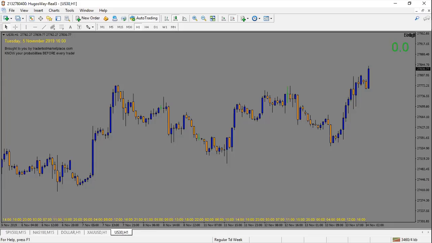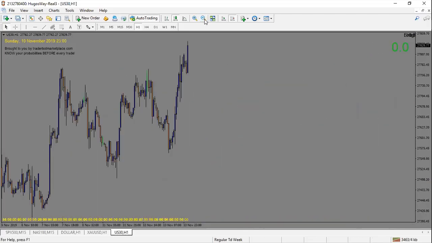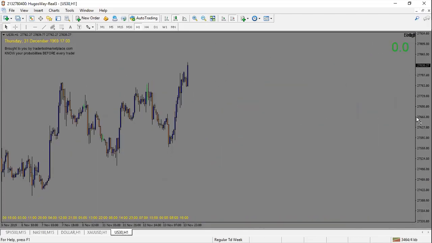After I master volume, I'm going to come back and talk to you guys about it. So backtest US30 and look at how it works. It moves like any other currency, just faster. That's the way I like it.